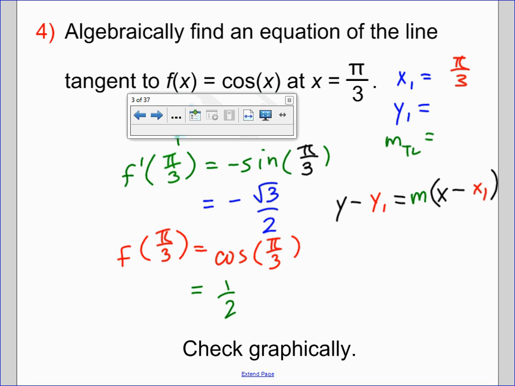So we've got our pi over 3, we've got our 1/2. We've got our slope of the tangent line, which was negative root 3 over 2. And so we'll have our equation now. It'll be y minus 1/2 equals my slope, negative root 3 over 2, times quantity x minus pi over 3.